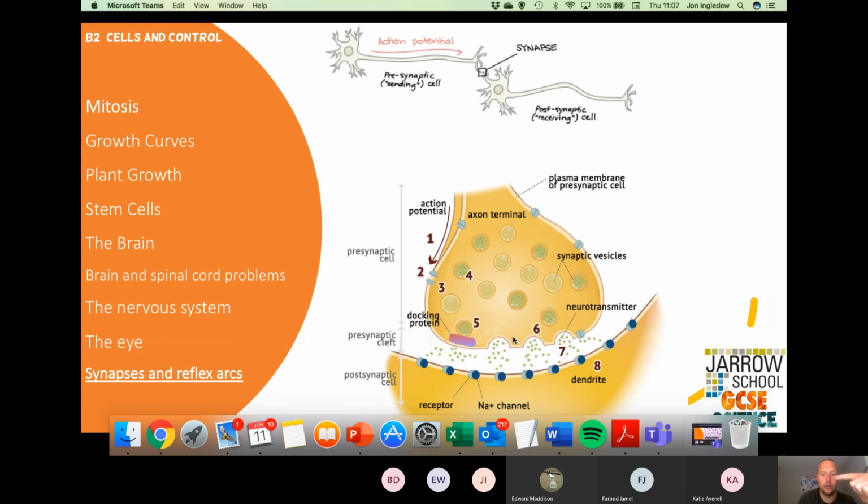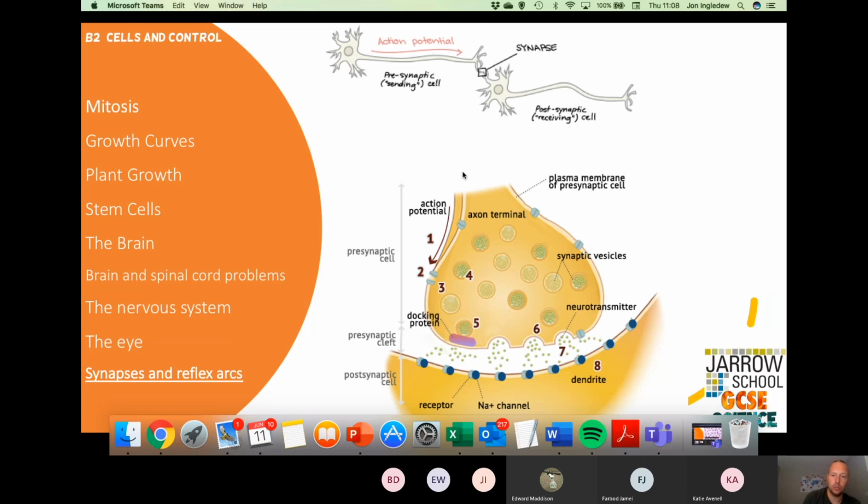Then that nerve releases a thing called a neurotransmitter, which transmits the information across the synapse. Then this is picked up by the dendrite. It senses that neurotransmitter and passes on a new nerve impulse.